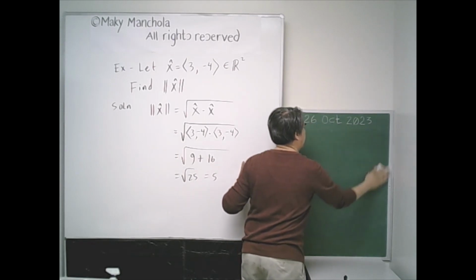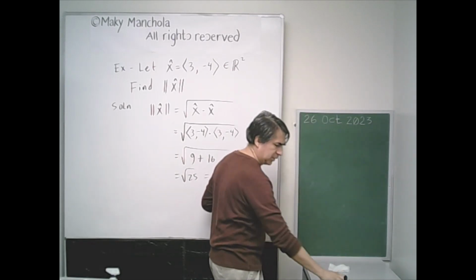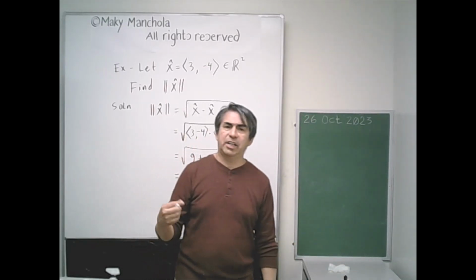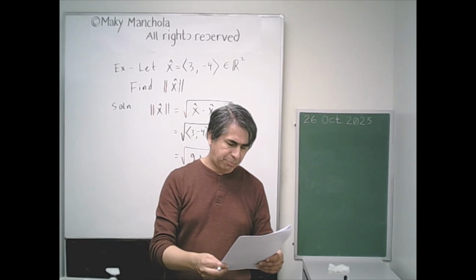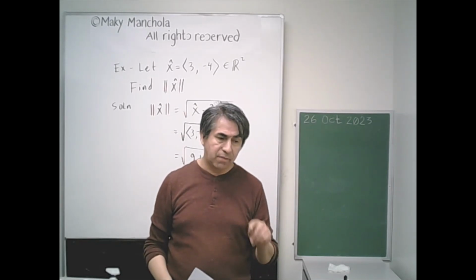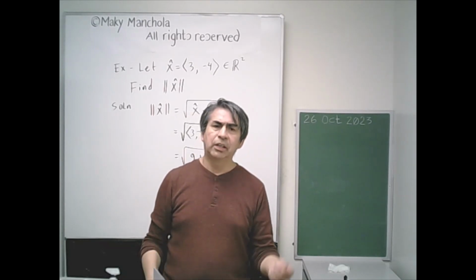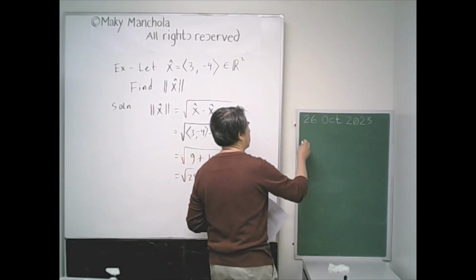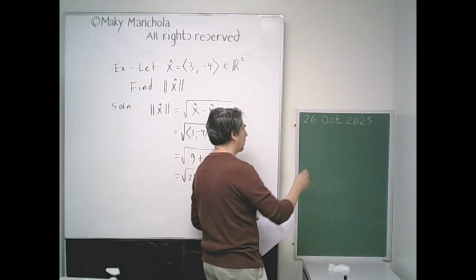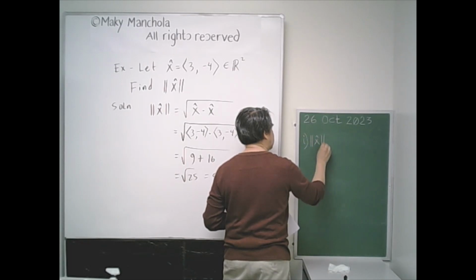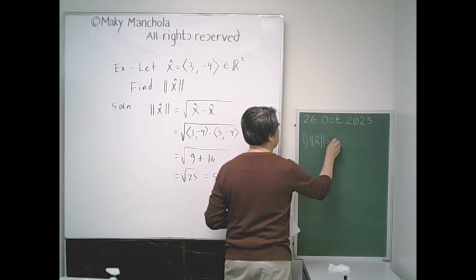Okay, so this is a theorem. There are 4 parts to it. So my hypotheses are that n is a positive integer, that x hat, y hat are vectors in Rn, and that a is a real number. So here's my first property. The norm of x hat is greater than or equal to 0.